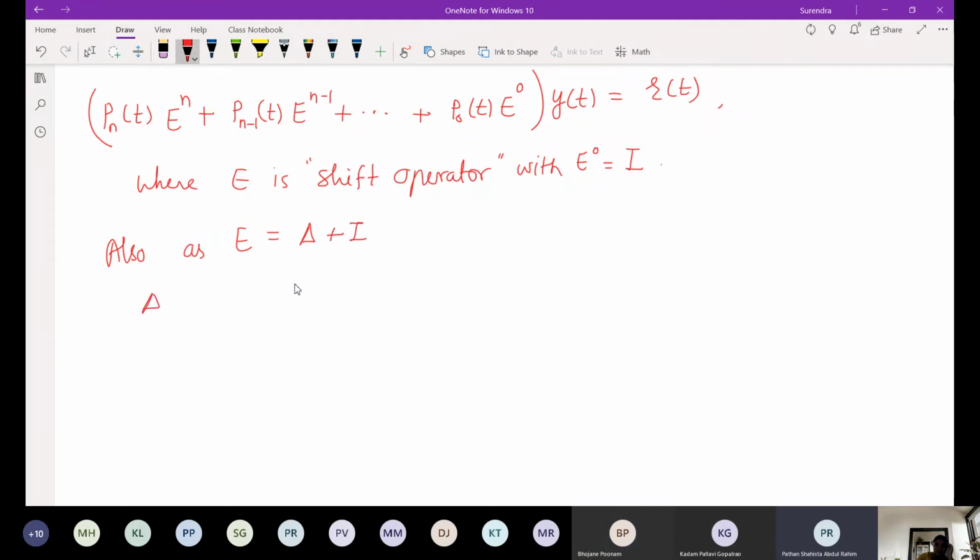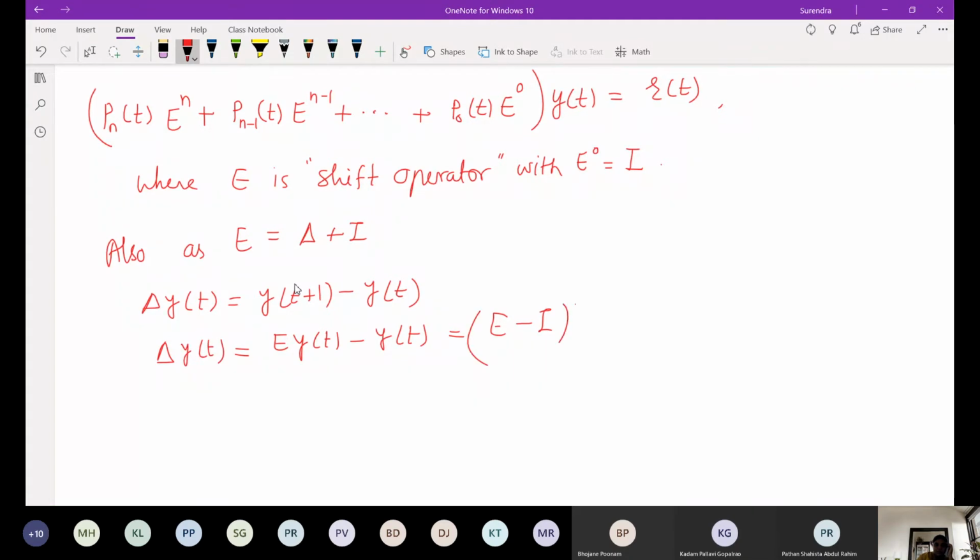Because what is delta? Delta of yt is y at t plus 1 minus yt. So this is my E of yt minus I of yt. So E minus I of yt. So we are getting here delta is equal to E minus I. So this implies E is equal to delta plus I. Is that okay?